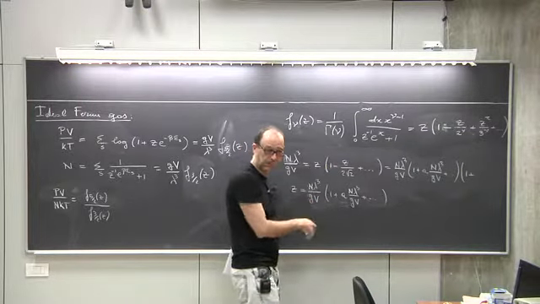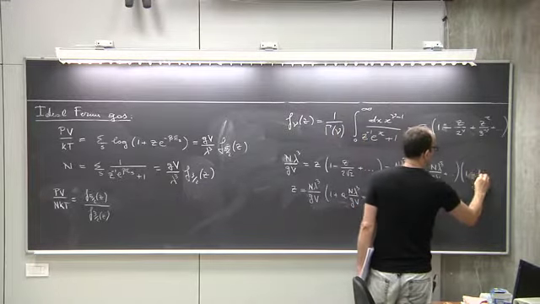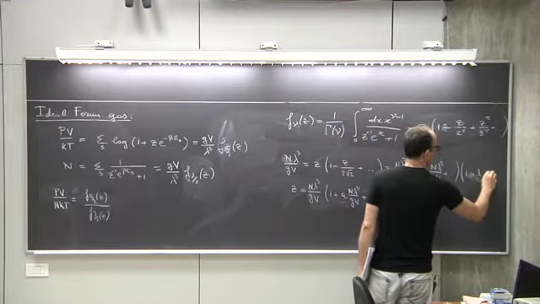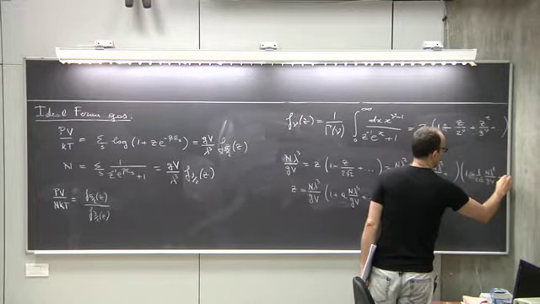The other terms will only contribute to higher order. So here I have just 1 over 2 square root 2 n lambda cubed over g_v, plus higher order terms.